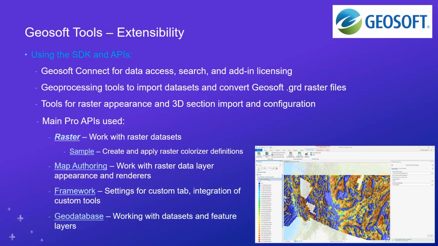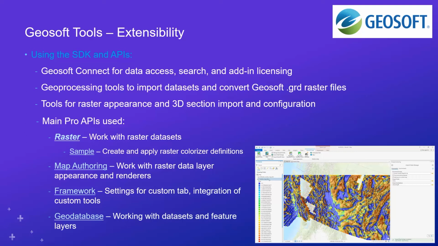Finally, there were tools for raster appearance and working with 3D sections and importing those and configuring them inside of the scenes. So the main Pro APIs that were used in creating all of these capabilities, I want to walk through some of those here.